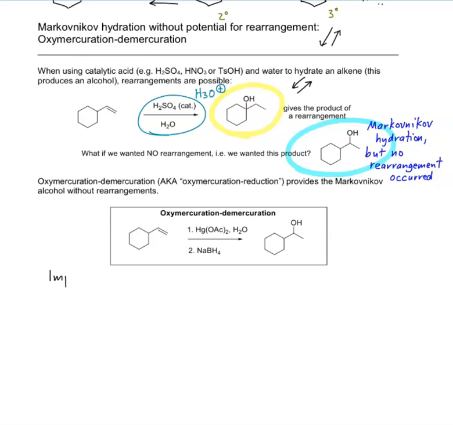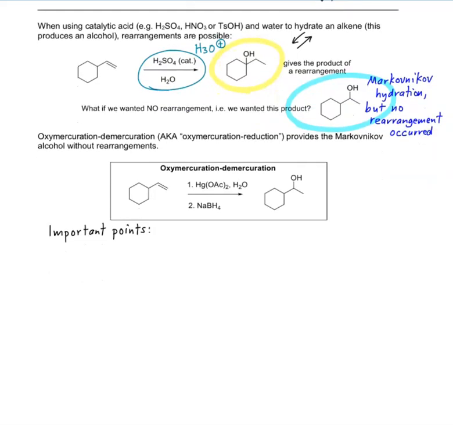So let's take note of a few important points here. First of all, this is a hydration. We're adding the elements of water across the alkene and producing an alcohol just like we would in any hydration. In fact, we can be more specific.